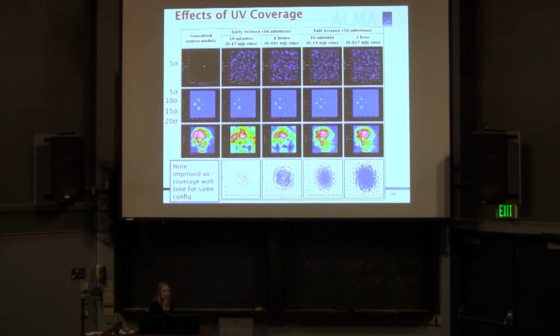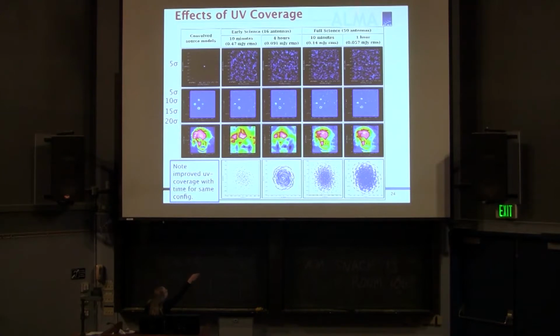All right. So now we can take a look at the effects that different UV coverage has on different images. Here we have an input image on the left. We have an early science configuration with ALMA, which is, I think, 16 antennas. And this is an observation for 10 minutes and 4 hours.